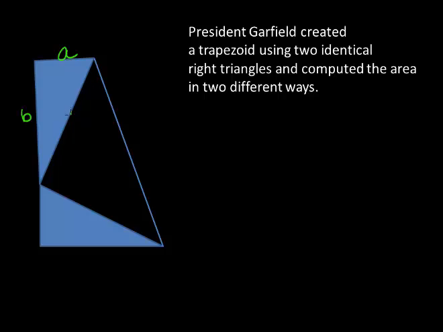This is A, B, C. Here's the right angle, and here is the right angle, and we have the short side A, B, the longer leg, and the hypotenuse C. So we are going to add up the areas. We're going to find the area of the whole, the area of the trapezoid, and set it equal to the sum of the areas of its parts.